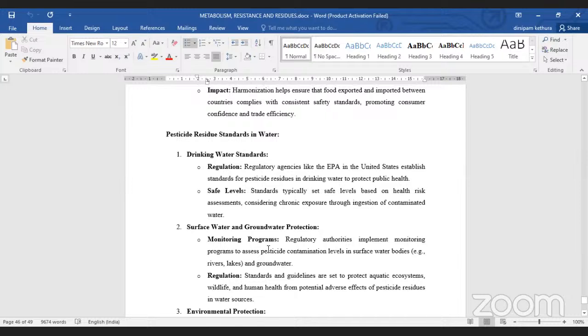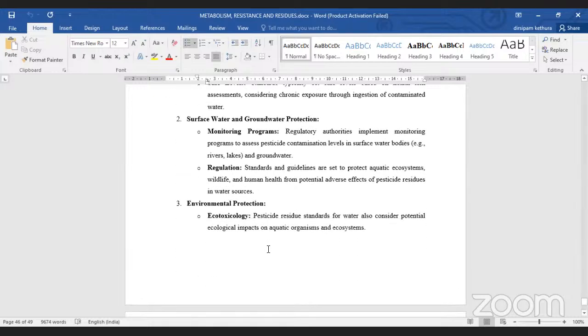The regulatory agencies in different countries establish standards for pesticide residues in drinking water to protect public health and living organisms. And standards typically set safe levels based on health risk assessments, considering chronic exposure through ingestion of contaminated water. And the second one is surface water and groundwater protection.